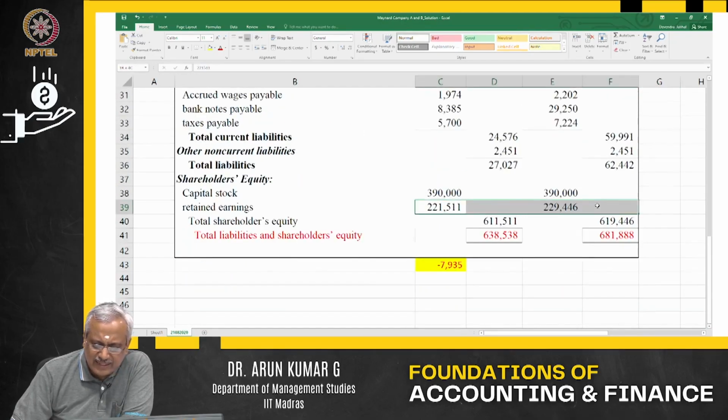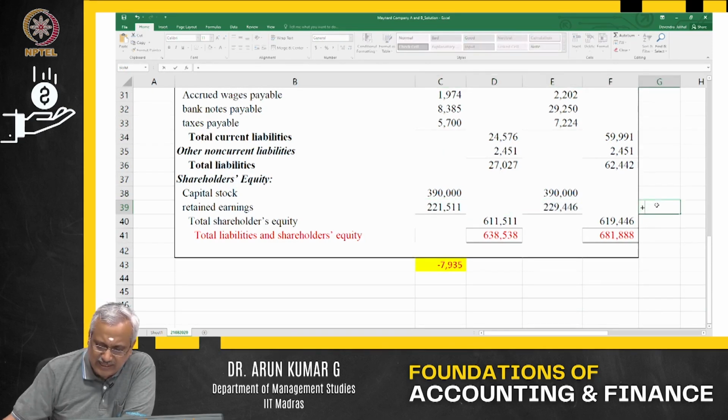If you look at this, the retained earnings increased marginally. That is before dividend. There is an $11,700 dividend paid. We can actually see that the net income increased only by this much, 7,935, plus the dividend of 11,700, which is 19,635.